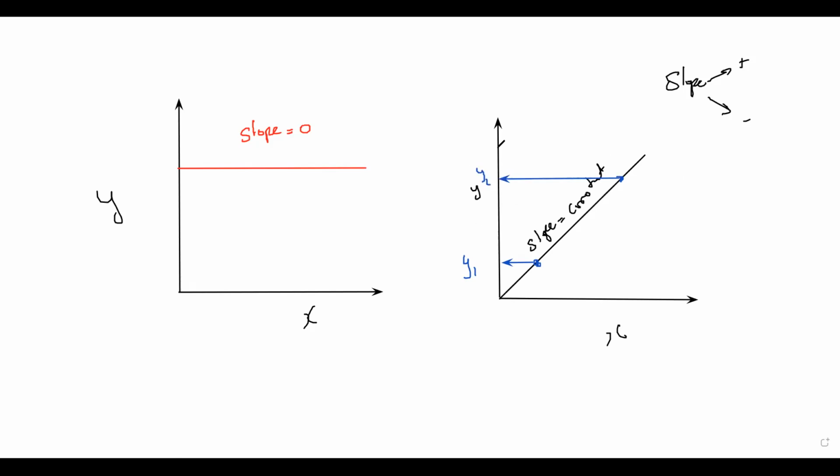So you can see y2 is above y1. Whenever y2 is more than y1, then the value of the slope will be positive.